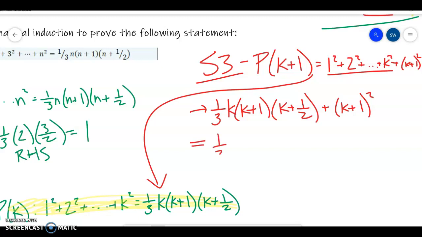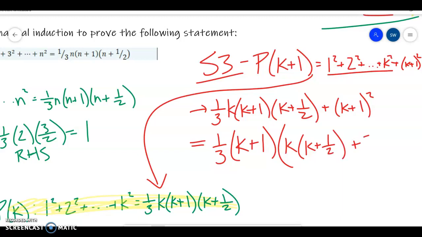We're going to factor out a 1/3 and a k plus 1 from both terms. The first term is left with k times k plus 1/2. And the second term, since I took out a 1/3, leaves 3. And we're also left behind with a k plus 1.